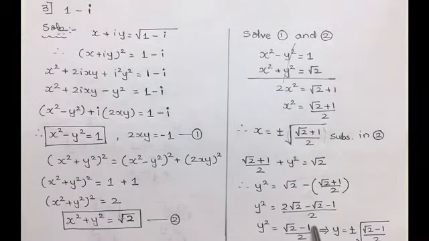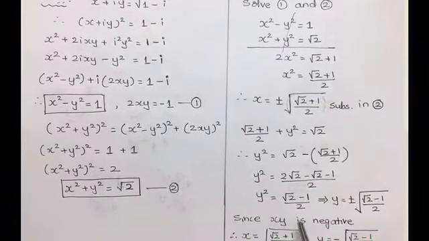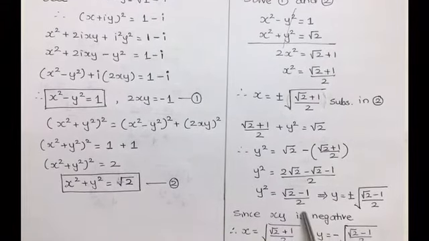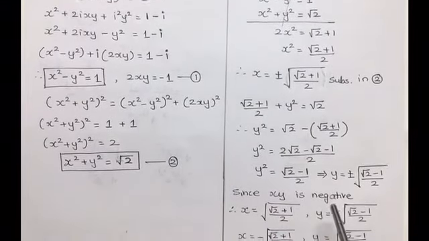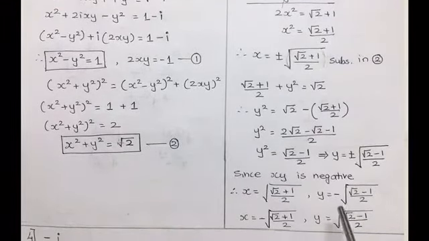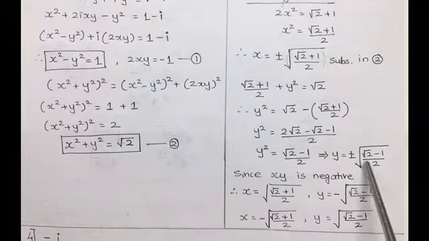Now 2 root 2 minus root 2 makes the value root 2 minus 1 divided by 2. Now taking the root, y becomes plus or minus root of root 2 minus 1 divided by 2.